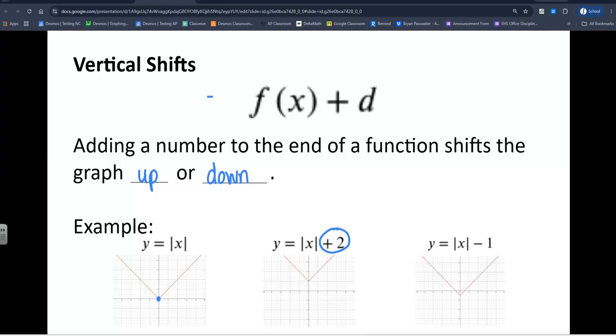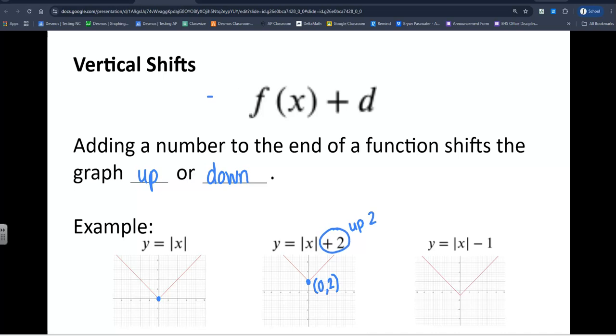Also, I know my scale is way too small. Those are counting by 2s. This moved the graph up 2. That's all that happened, right? So that vertex right here is now at 0, 2. Just shifted that graph up 2 units.